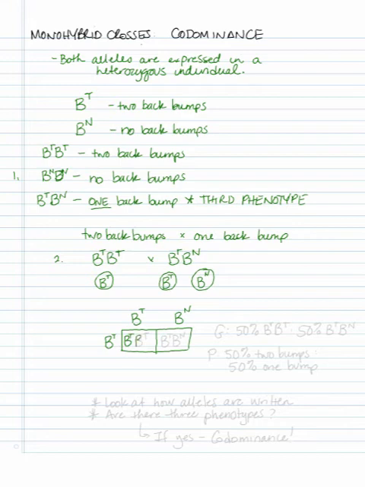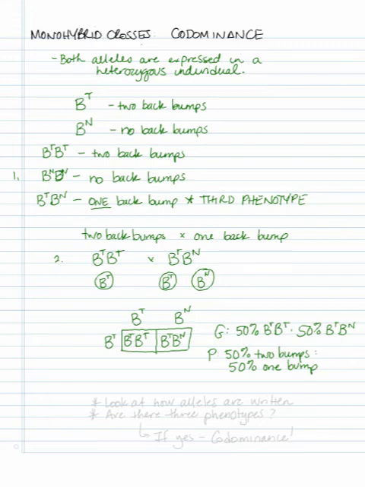So I have BT, BT, BT, BN. When I look at my genotype ratio, I get 50% BT, BT to 50% BT, BN. For my phenotype ratio, I am going to get 50% two bumps to 50% one bump. Okay, and that's how it ends up working.